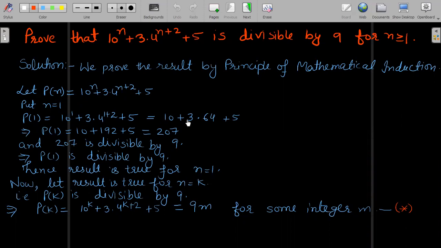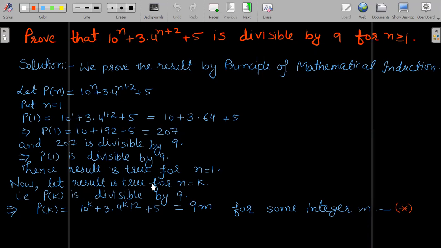This becomes 10 + 3·64 + 5, since 4^3 is 64. After calculation we get 10 + 192 + 5 = 207. So P1 = 207, and clearly it is divisible by 9. So P1 is divisible by 9, which means our result is true for n = 1.